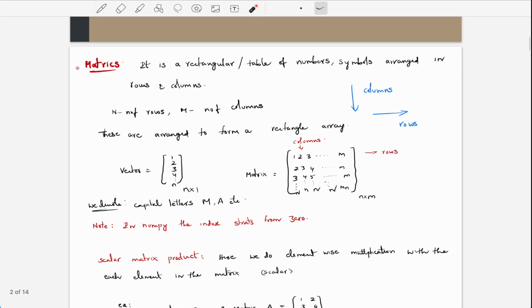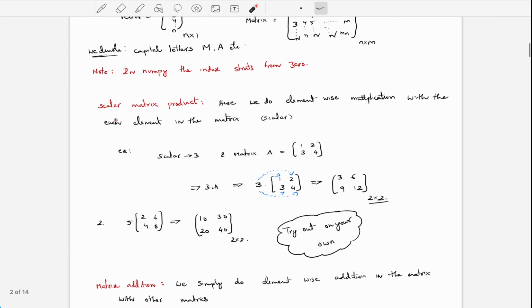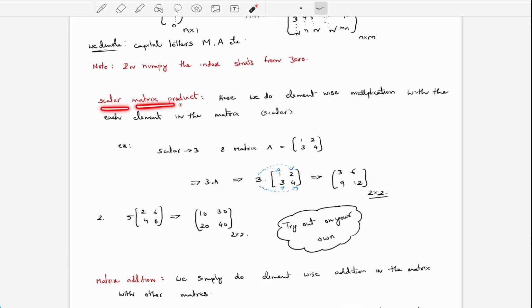After that we have operations on matrices. The first operation is the scalar matrix product. What is the scalar matrix product? It's as simple as I said for vectors: we simply multiply with the scalar.